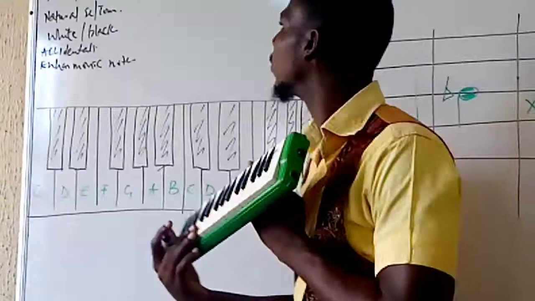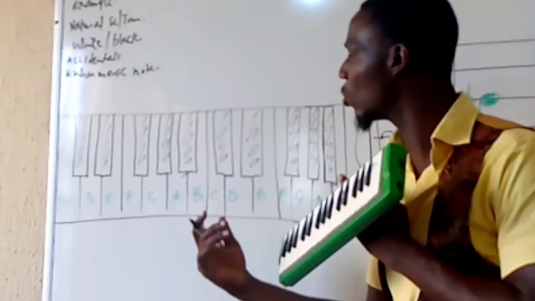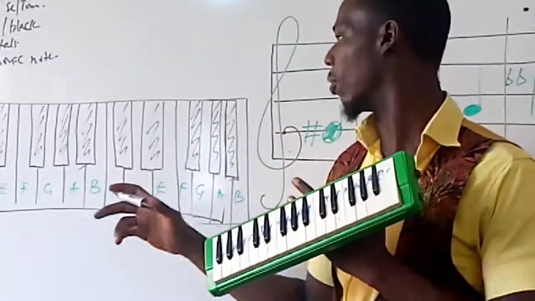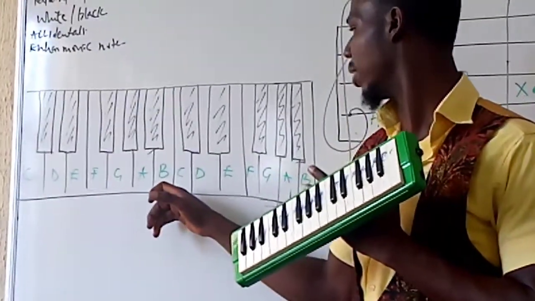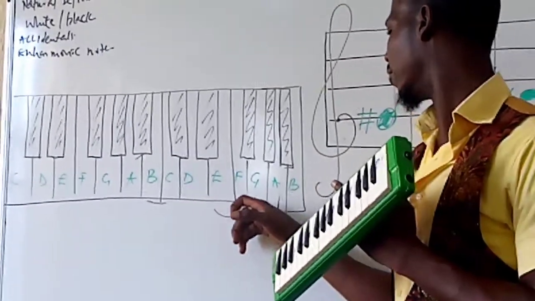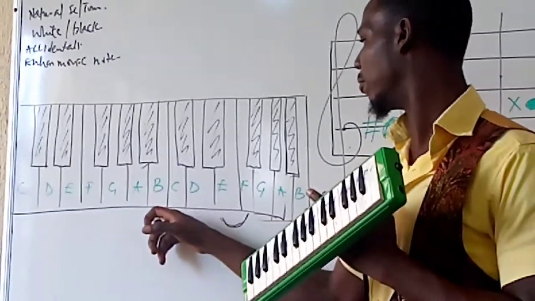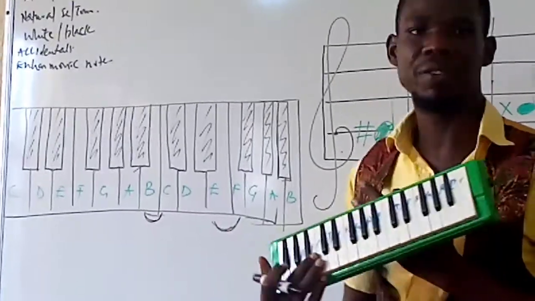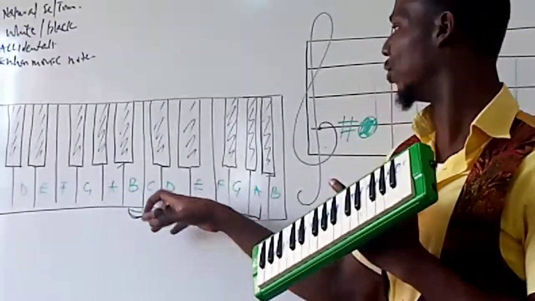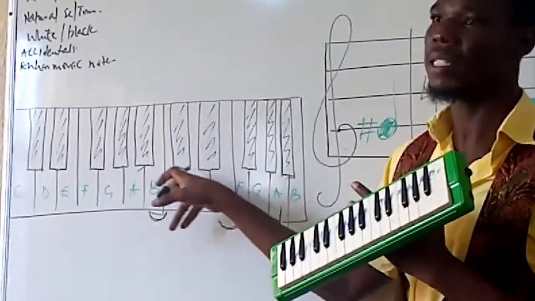So now we'll be talking about the natural semitones that are found on the keyboard. The natural semitones found on the keyboard are found between B and C and E and F. If you have been following our previous classes, you will understand that between B and C, E and F, there is no note separating them.